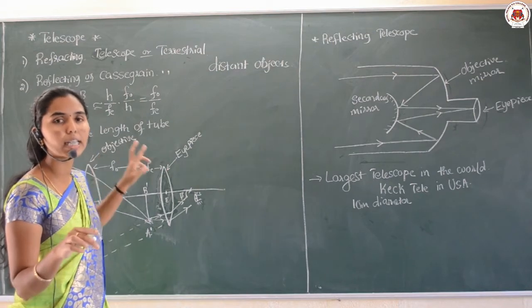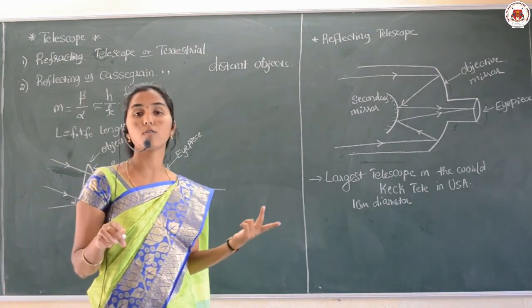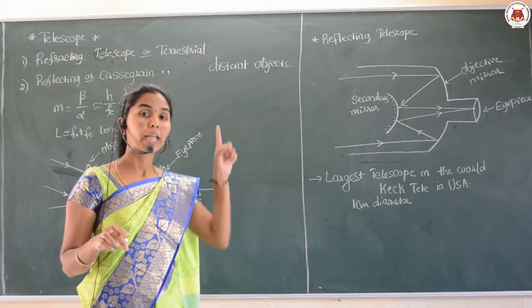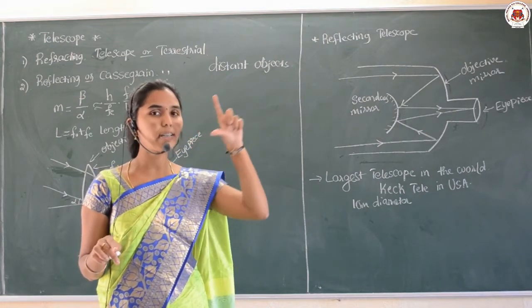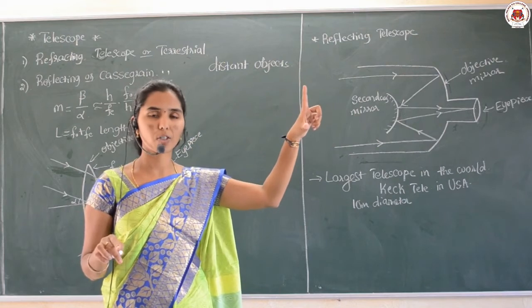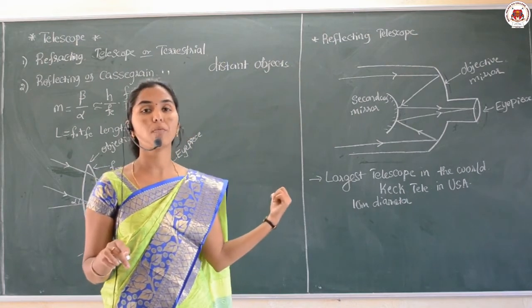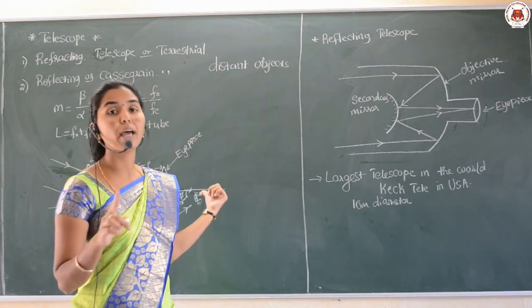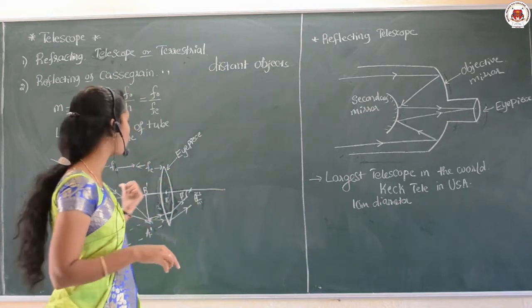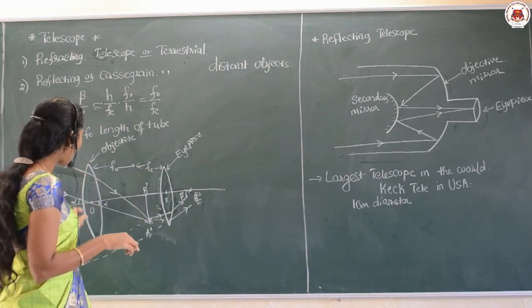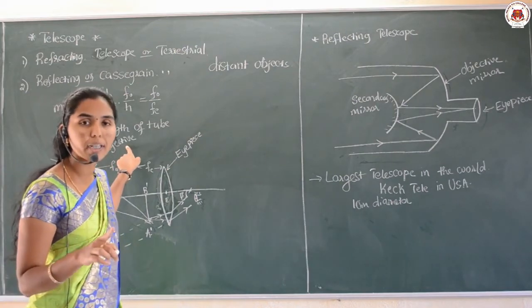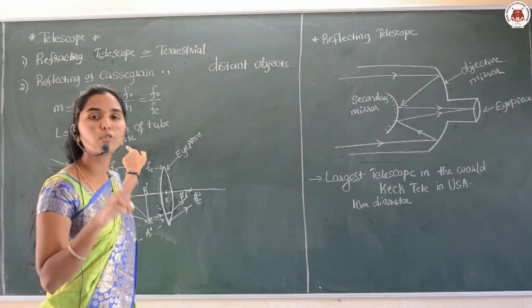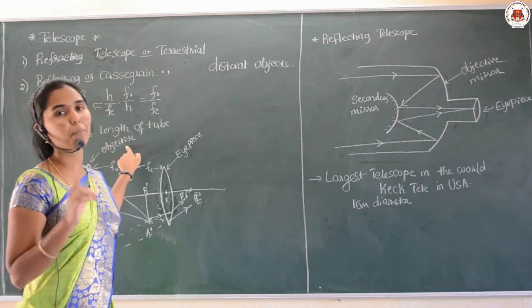Remember dear student, it is just the reverse in the case of the compound microscope. In the compound microscope, the objective was smaller and the eyepiece was large. But in the refracting telescope, the convex lens used as an objective has a large focal length and a large aperture.